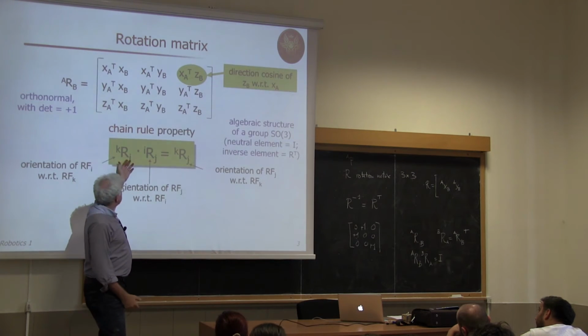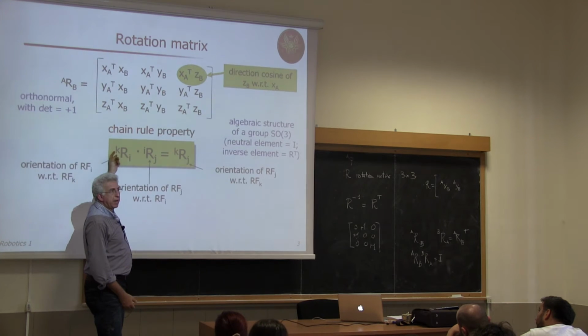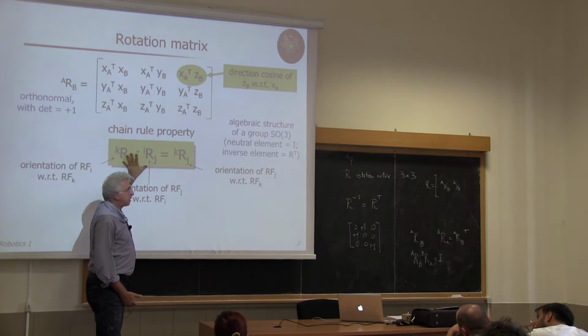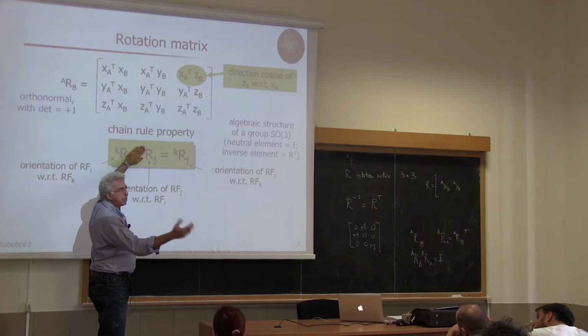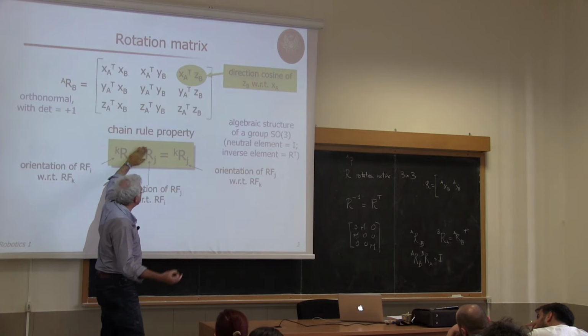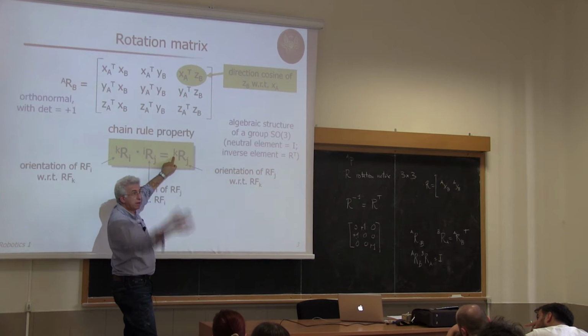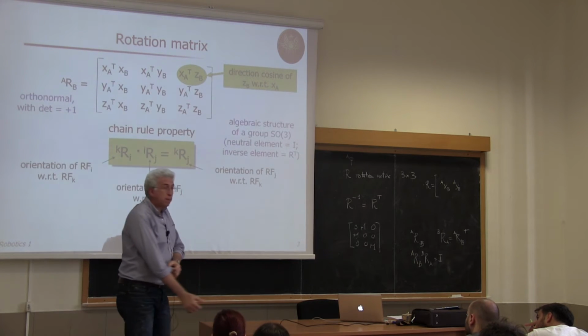Namely, this represents the orientation of a frame I with respect to frame K. This represents the orientation of another frame J with respect to frame I. When I do the product, I can eliminate this, and the result is another matrix, which is again a rotation matrix, which represents the orientation of the last frame J with respect to the original frame K. Okay?